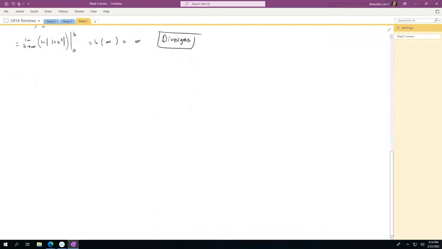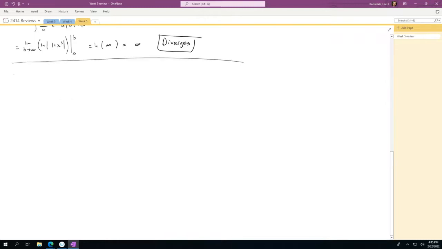Okay. Now let's take a look at some type 2 integrals. So in a lot of situations, we have type 2 integrals, meaning we're integrating near some kind of asymptote. So for a quick example, let's say we are integrating from 0 to 2 of 1 over x dx. In this case, I'm going to need to rewrite the point of discontinuity.